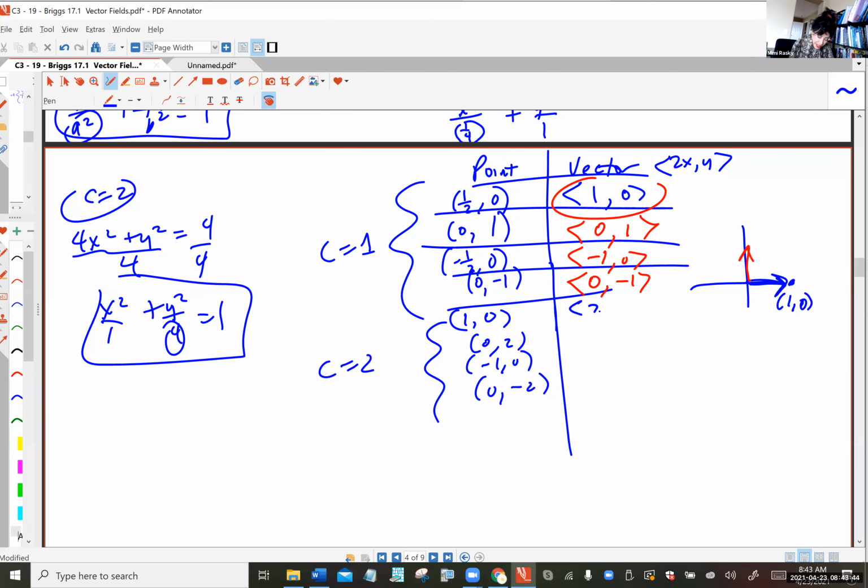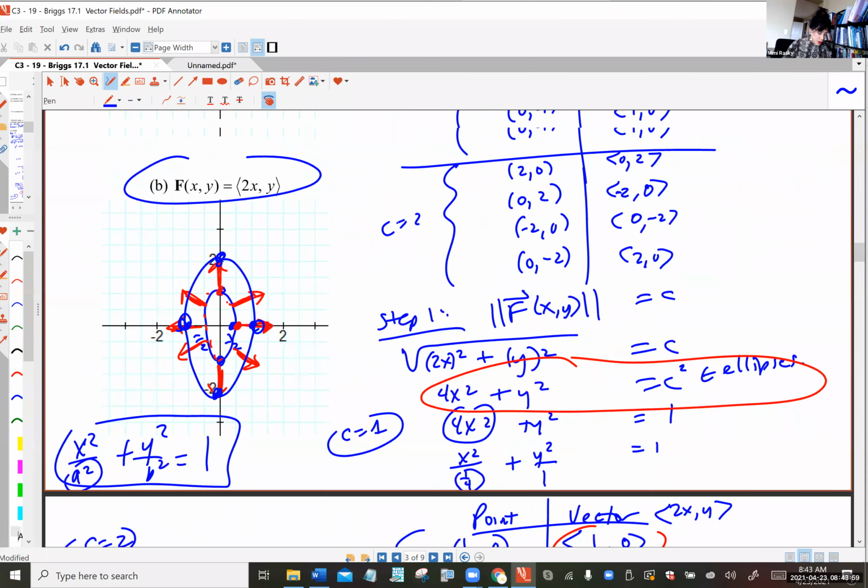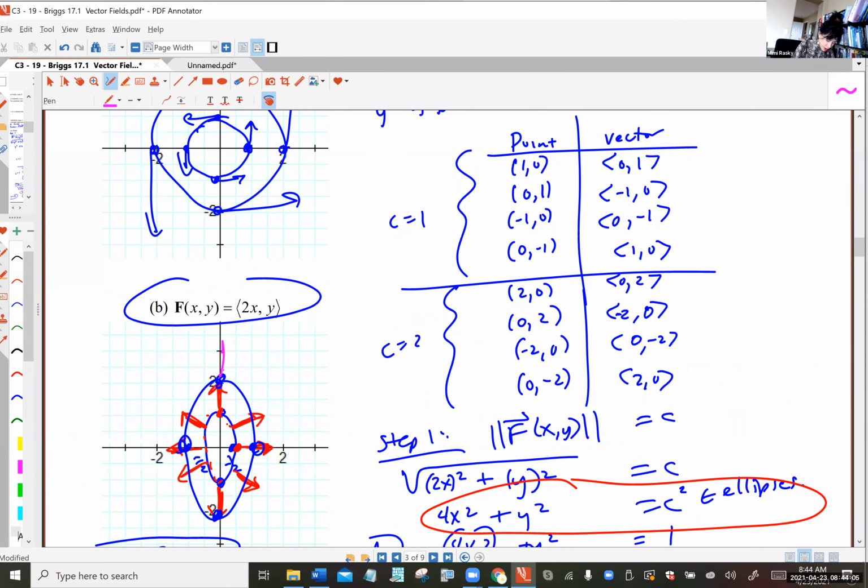And then the corresponding vectors would be these: (2, 0), (0, 2), (-2, 0). Notice that all of these vectors are also going to be pointing outward away, but their magnitudes are 2. So all the vectors that are associated with this level curve are going to be larger. Got to make them big, magnitude of 2.